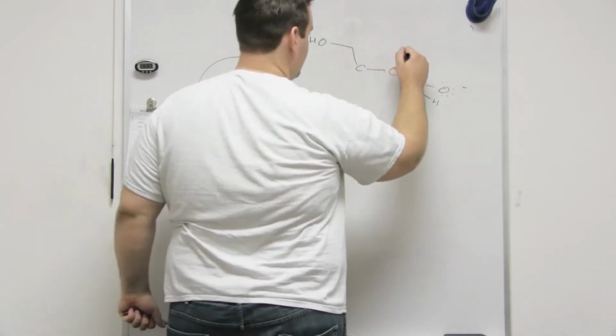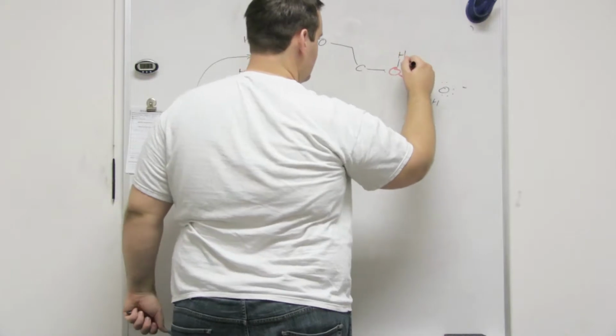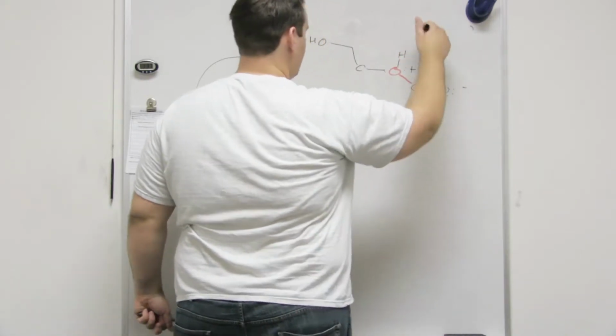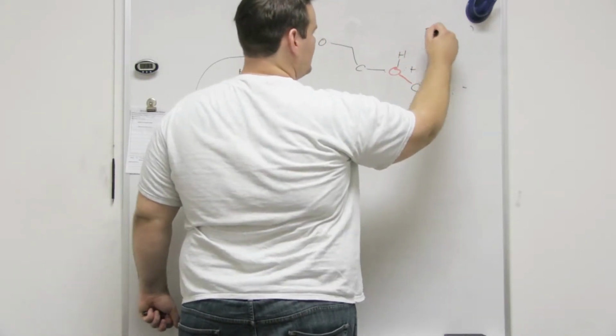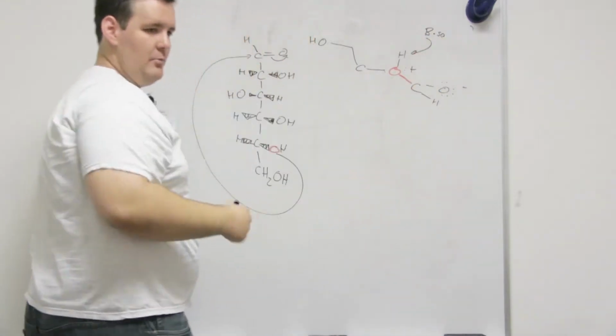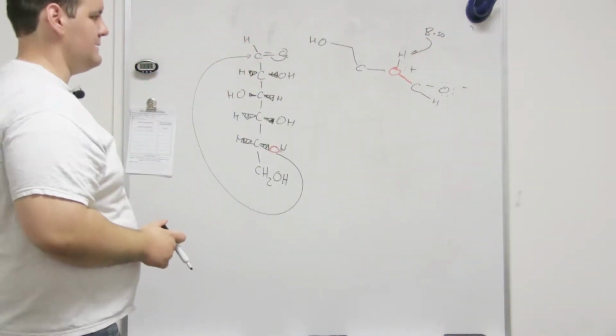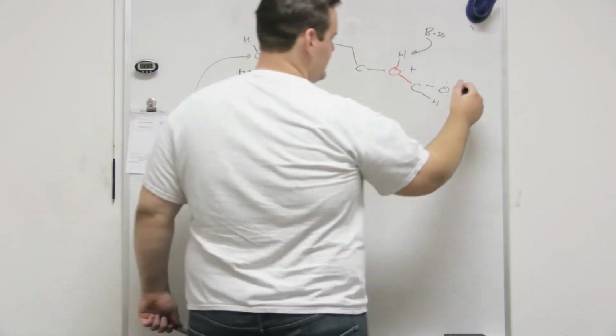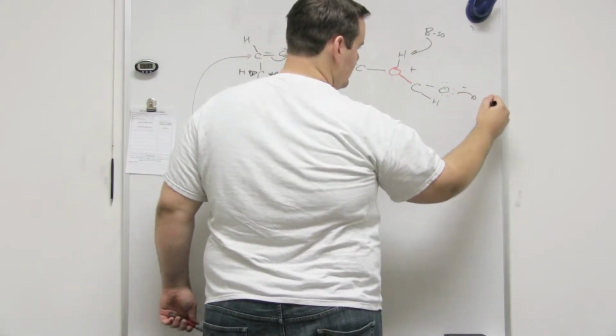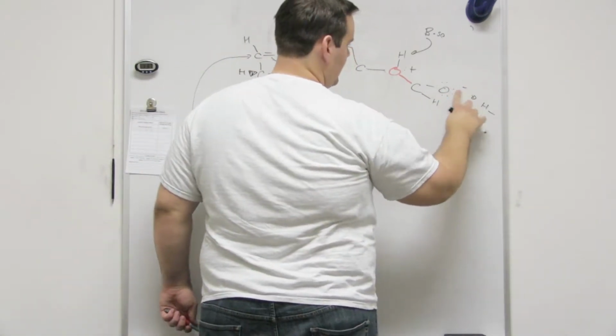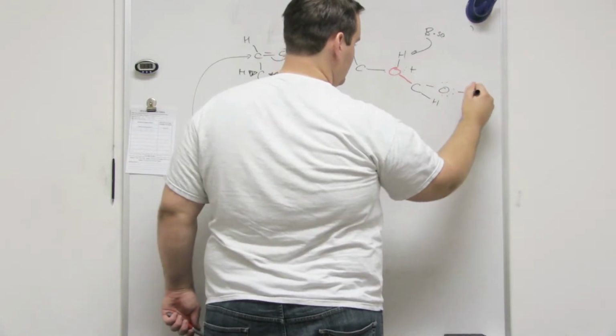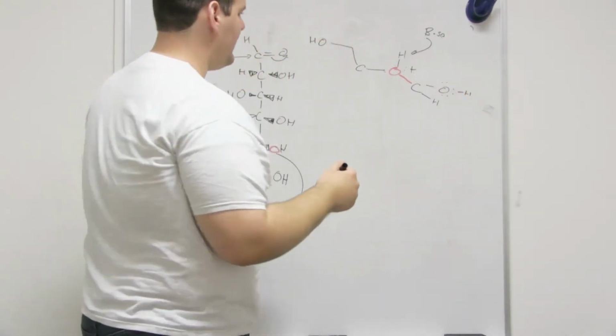It's going to get deprotonated. I need to show that, because there's going to be a positive charge, and then probably some base in here, like water, will steal that. And then this will pick up a hydrogen somewhere and become an OH.